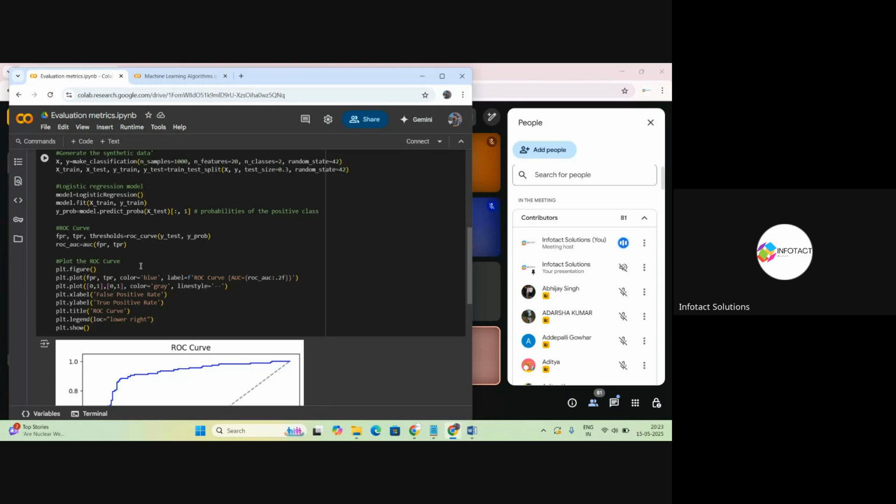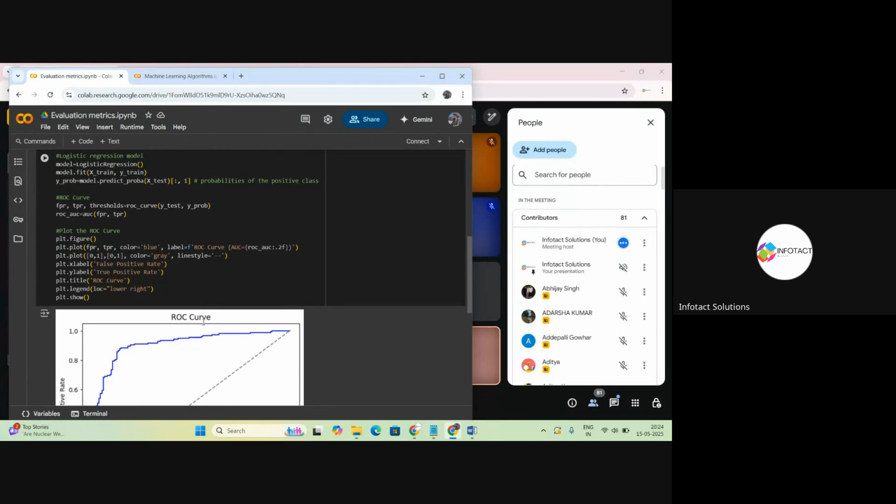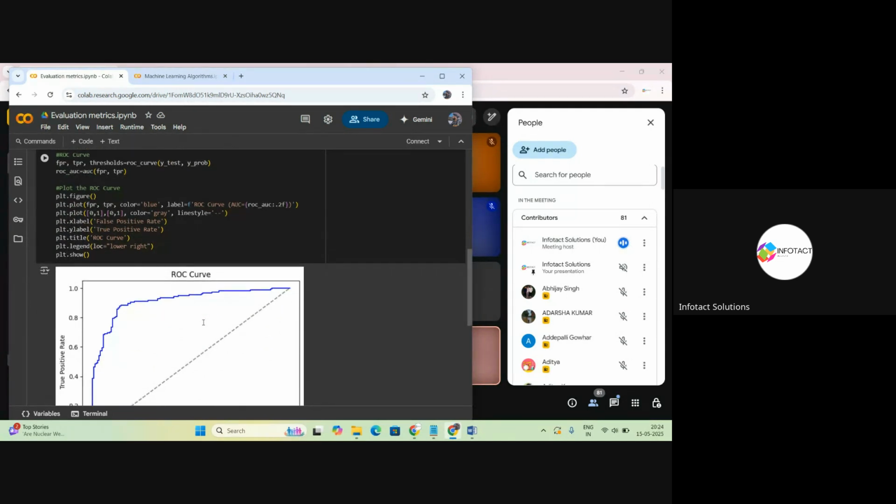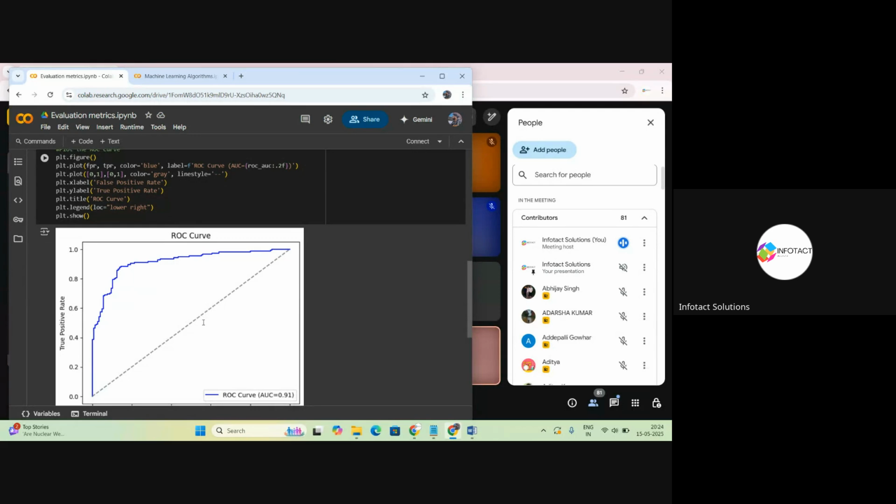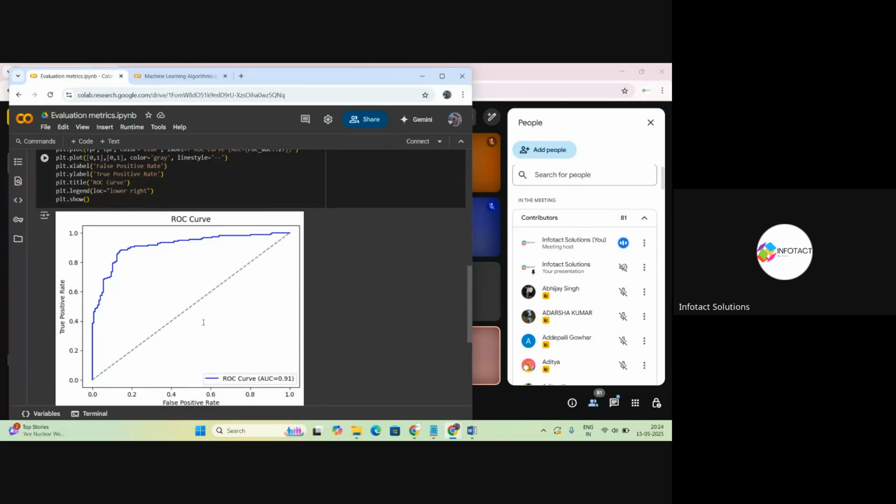And how to plot the ROC curve? These are the required things: the FPR, TPR, the color, label, the plot, the variables, the x label false positive rate, y label true positive rate. This is the ROC curve, with the legend at lower right.